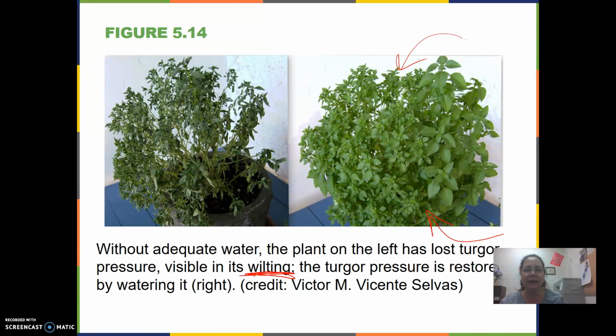Now, another thing that can cause wilting is to water the plant with salt water, and that will cause the same thing. But this plant is wilted simply because it's dehydrated. This one is just a plant that needs to be watered.